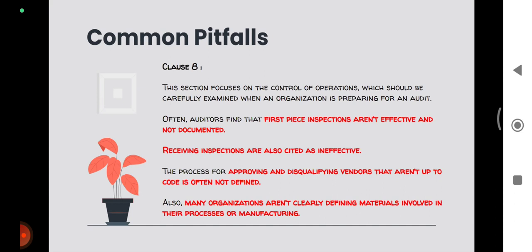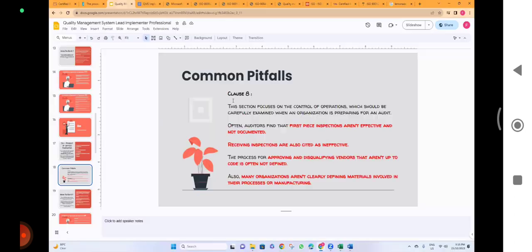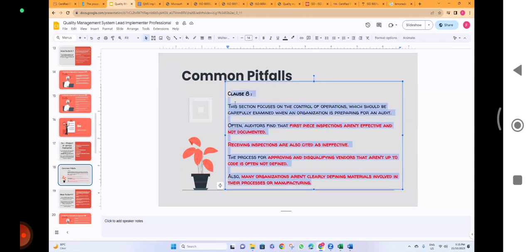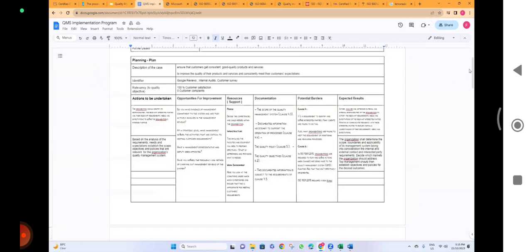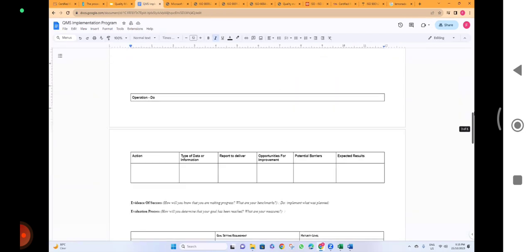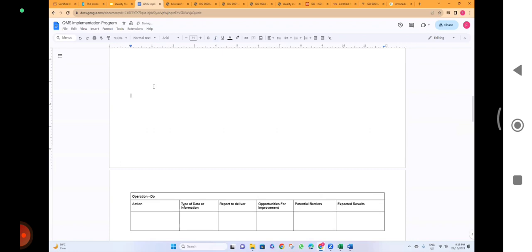And other organizations are not clearly defining the materials involved in their processes or manufacturing. These are the common pitfalls which may or may not be there in your organization or where you want to implement a quality management system. So again, we are going to do this, and then we go to the section of operation.